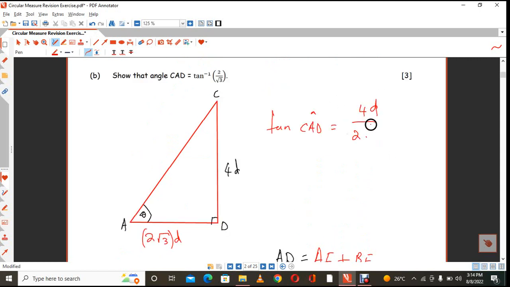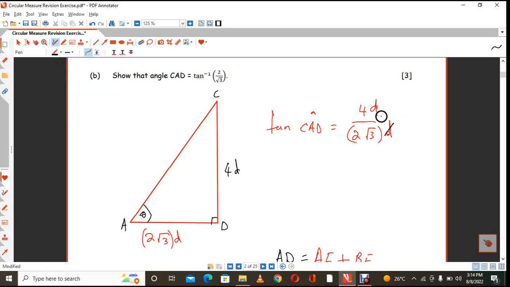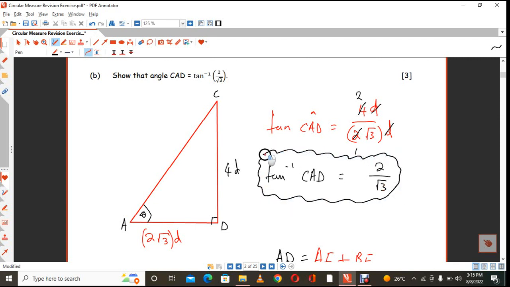I think we can simplify this a bit. If you simplify, you will realize that the D's cancel, and 2 goes into itself 1 time and into 4 2 times. So at the end of the day, the inverse tangent of that angle will be 2 over root 3. And surely this is what we were supposed to prove, as you can see from that.